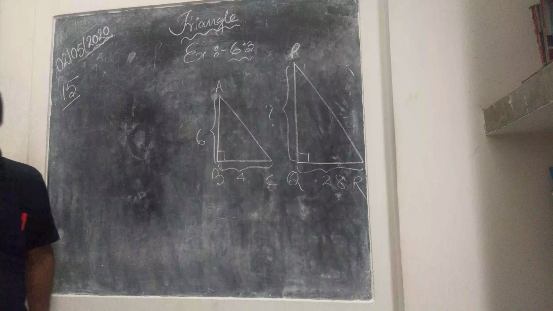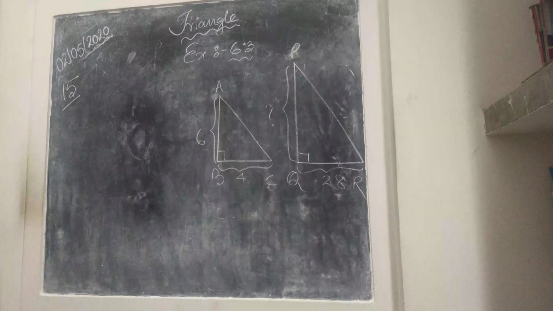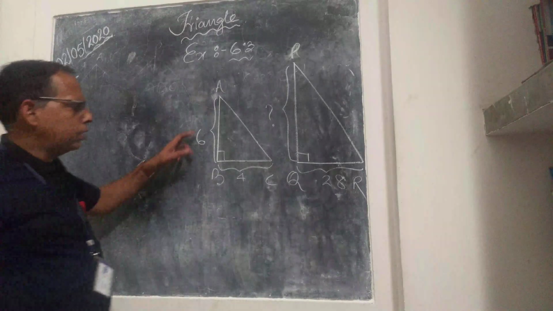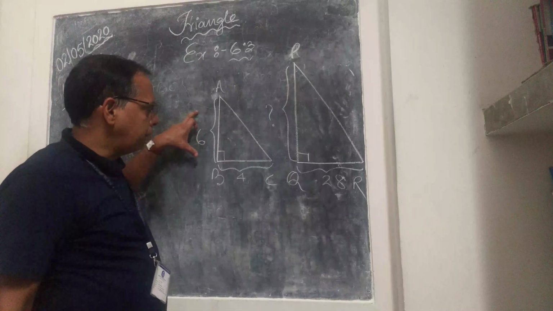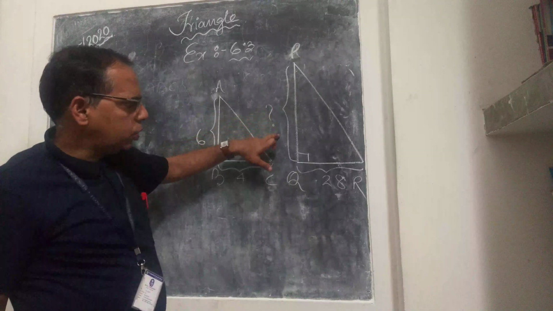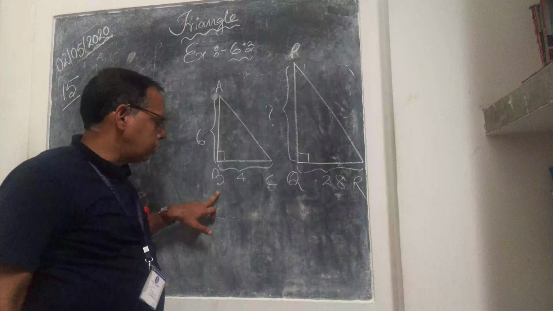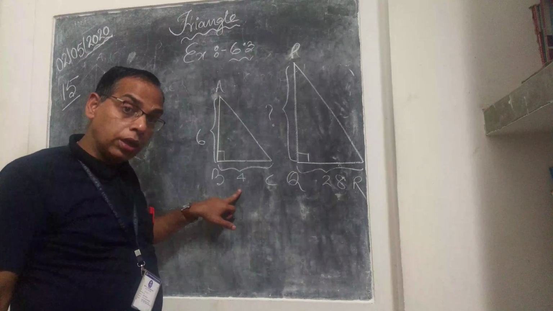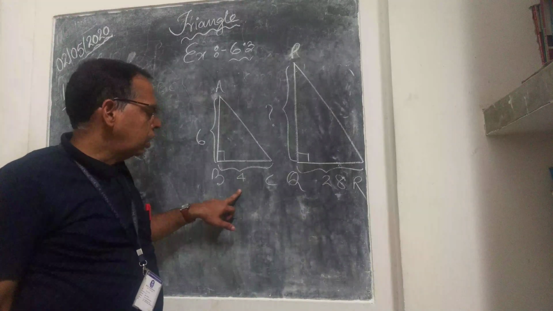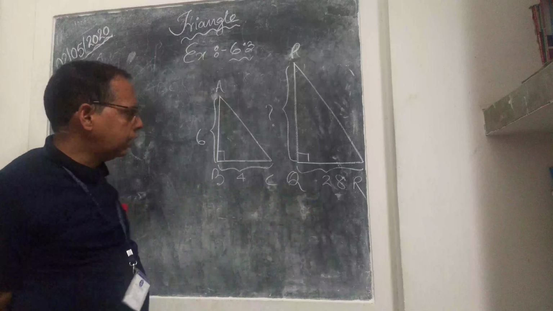So it is 6 meter given. It is given that 6 meter is the length of height of the pole, and this one is question mark, and length of the shadow. Length of the shadow, not the height of the shadow. Length of the shadow is 4. Length of the shadow is 28.